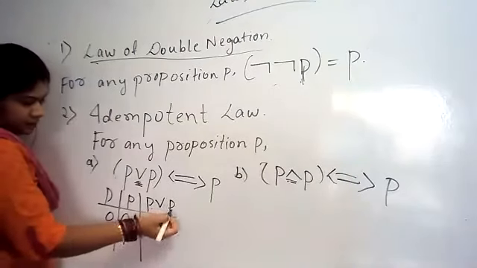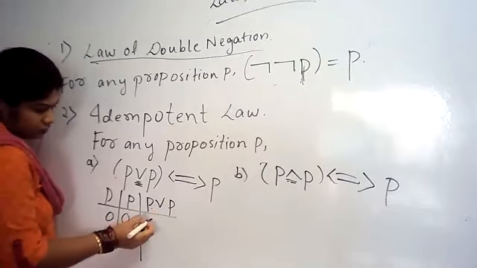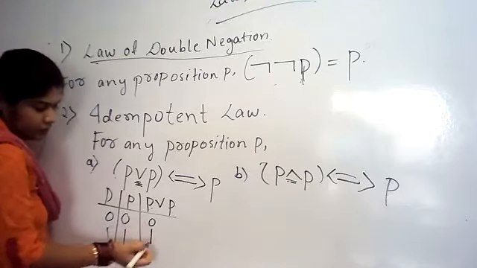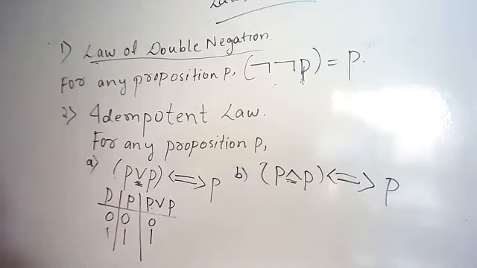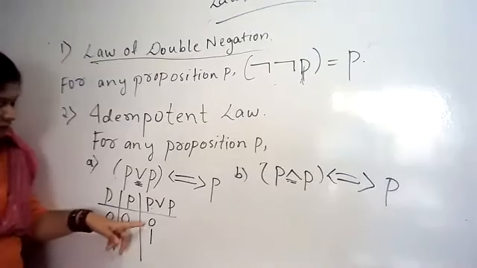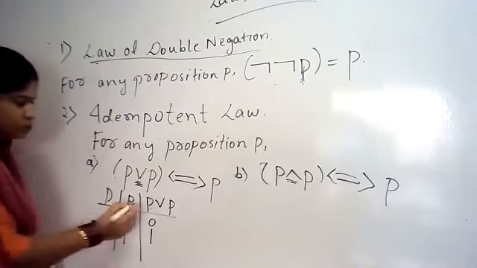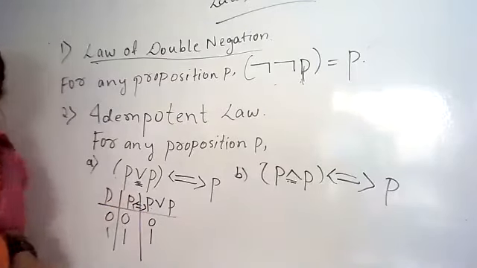P disjunction P: 0 disjunction 0 is 0. 1 disjunction 1 is 1. So what is the final result? 0 1, which is the same as P. These are logically equivalent with each other.